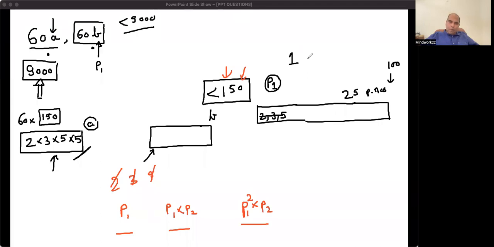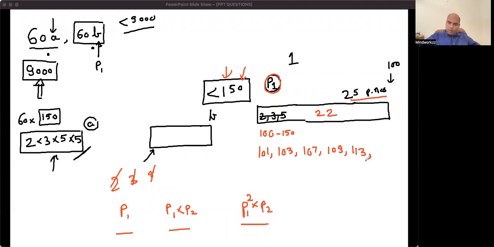So when you start thinking about the structure of B being only P1, that means only one prime number. There are 25 prime numbers below 100, out of which 3 is not counted. So there are 22 of them. And then from 100 to 150, I don't expect that you will remember those prime numbers, but you can quickly find them out. 101, 103, 105 is not prime, 107 is prime, 109 is prime, 111 is not prime, 113 is prime, 115, 117, 119 is not prime.